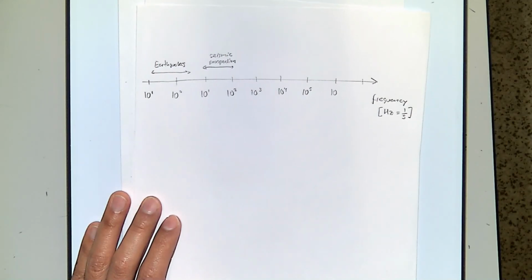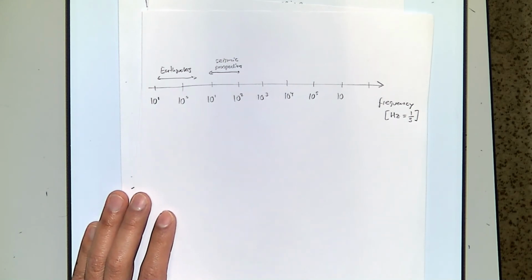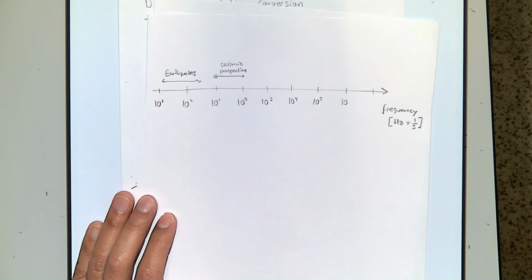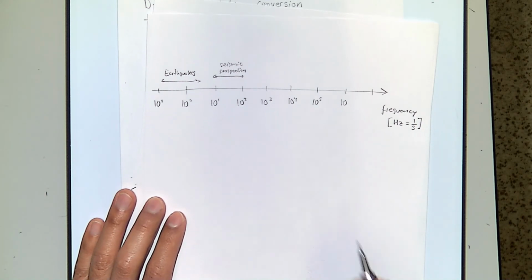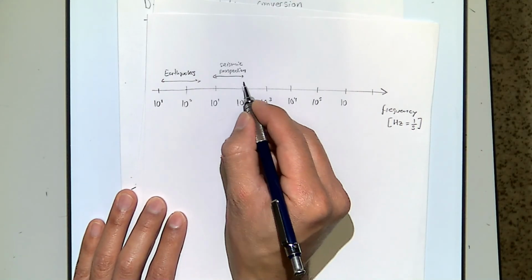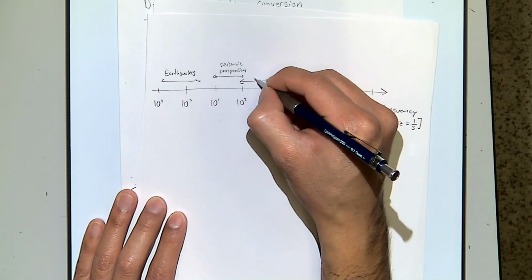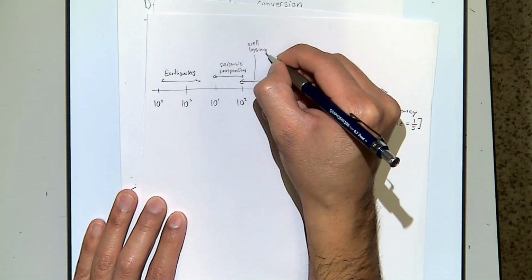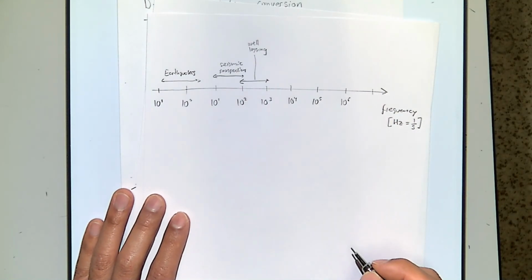What is the frequency for well logging? The guys working in well logging, no one? It's about 100 hertz, and it can get a little bit higher sometimes. What is the frequency for laboratory measurements?